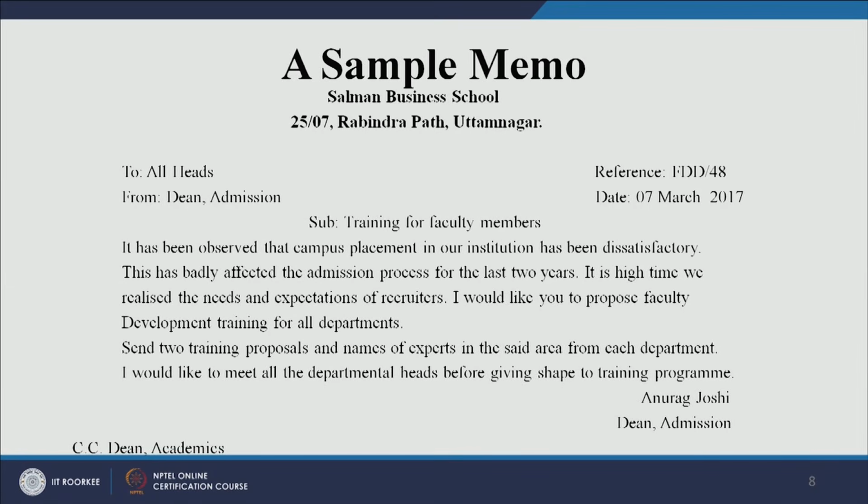And here towards the end, you will find this memo has been circulated by the Dean Admission, and his name is there. This is Anurag Joshi, or whatever may be the name. But since he wants that this information should be on record, he also marks a copy to the Dean Academics.